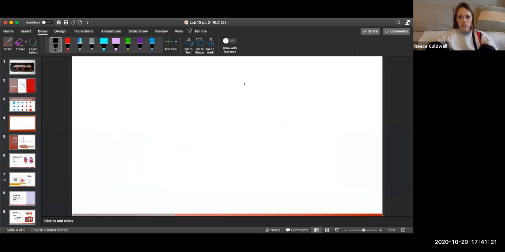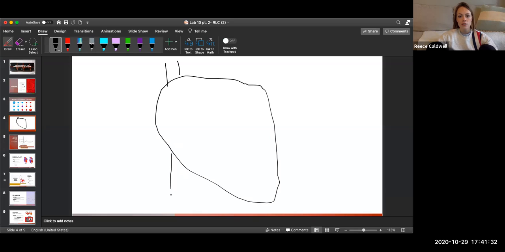Forgive my drawing, it's super hard to draw on a computer. So there's our heart. And again, our heart has a lot of vessels coming into it. And then we have four chambers.